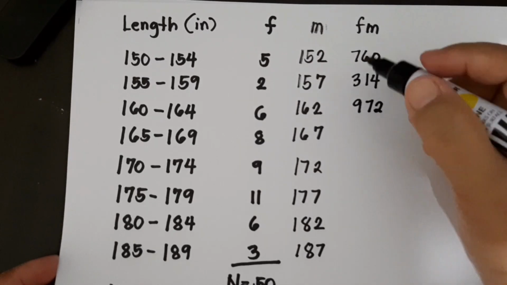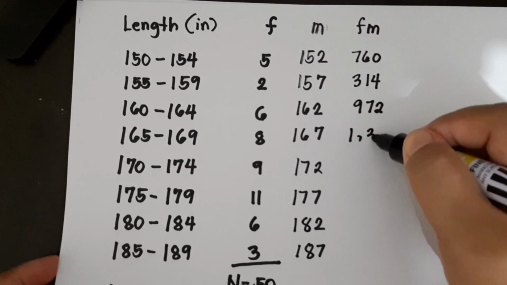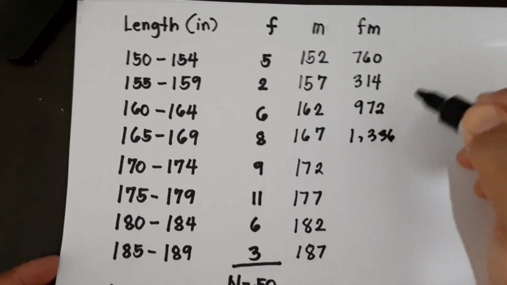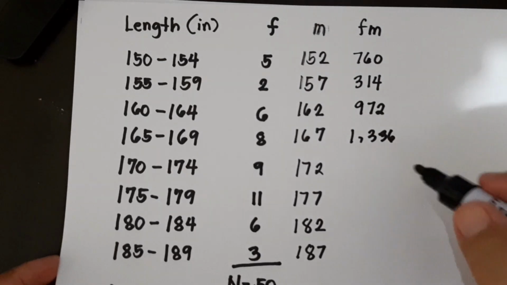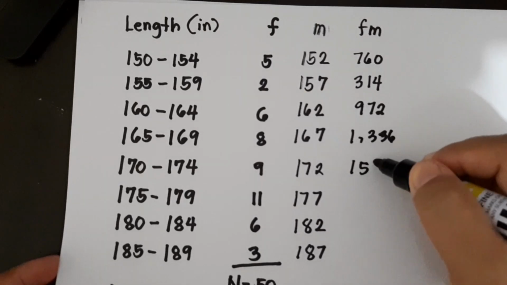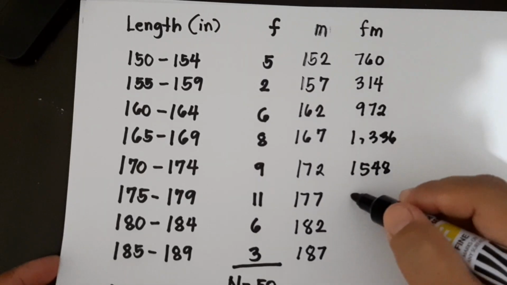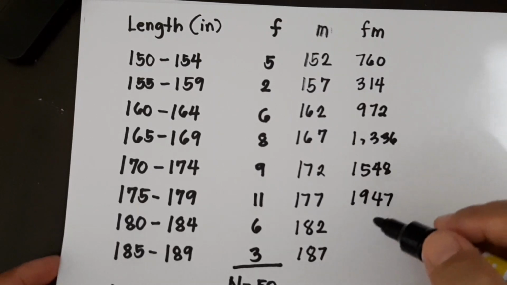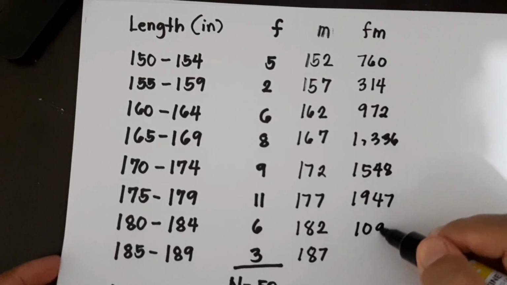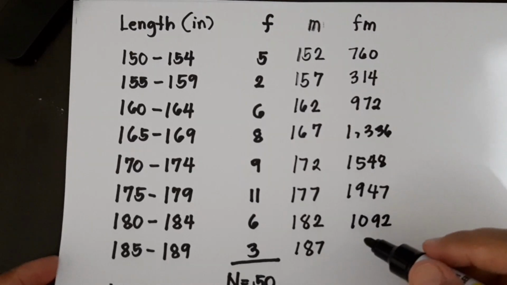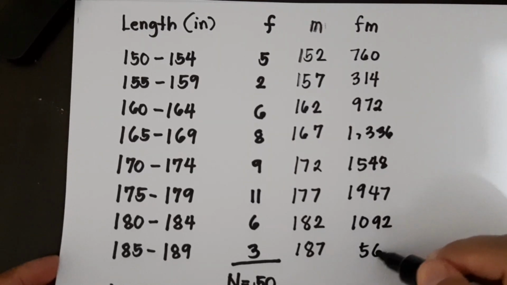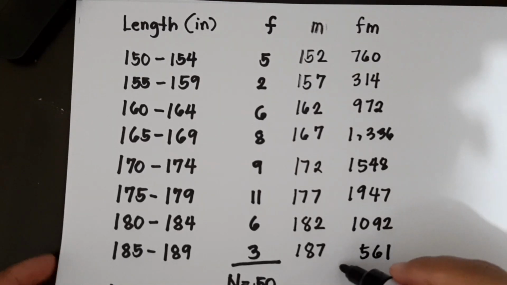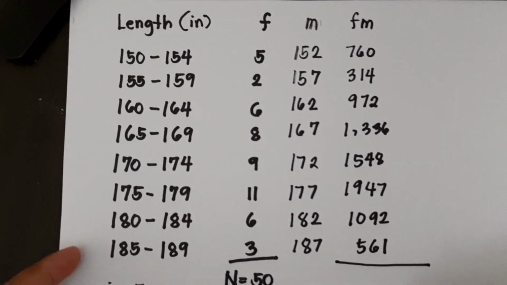Okay, so next is 1,336. Then next is 1,548. 1,947 and 1,092 and 561. Okay, then after that, get the total.